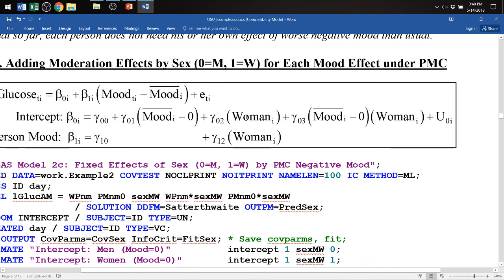So then I am adding here gamma 02. It's 0 because we're predicting beta 0, so everything in this line starts with a 0. This effect for the men versus women is the second predictor of beta 0. The third predictor of beta 0 is a two-way interaction of person mean negative mood with gender.